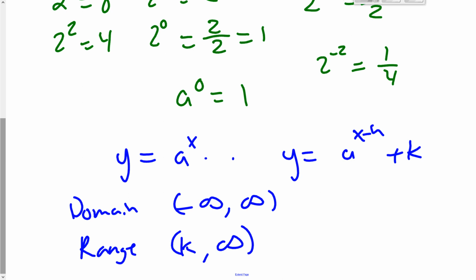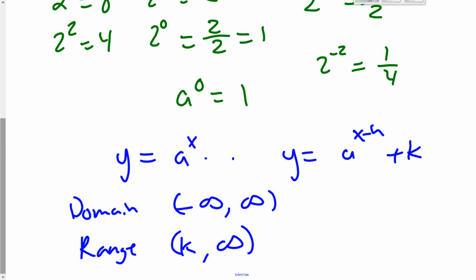If it's positive, right? Because we still have that thing where if we have a negative out front, that flips it over the x-axis. So that's true too. So this is when it's just a positive in front of the a.